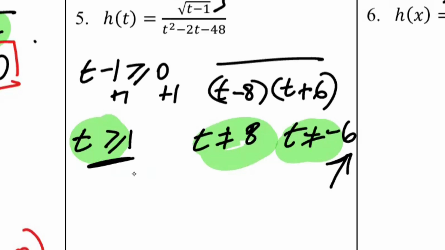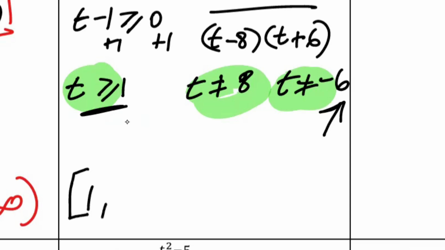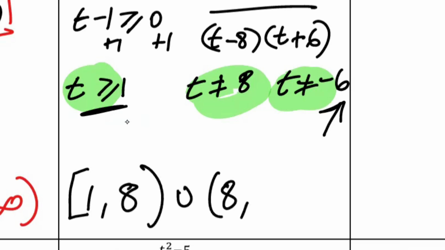So in this case, we're coming from 1 and we're going to go to 8. Let me write it down. So we're going to go to 8 and then we're going to union from 8 and we're going to head to positive infinity. So this would have been my domain right there.